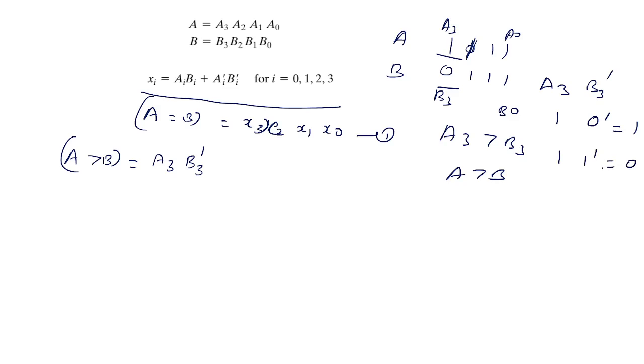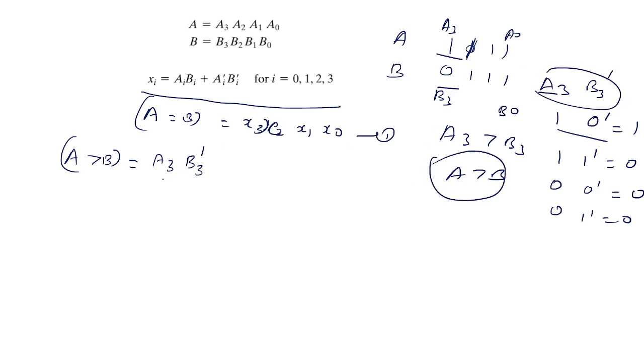Suppose your A3 is 0, in that case also the output will become 0. Only for one case the output will be 1, when A3 is 1 and B3 is 0. If A3 is 1 and B3 is 0, definitely A3 is greater than B3, and I can use it to prove that A is greater than B. This is one condition.